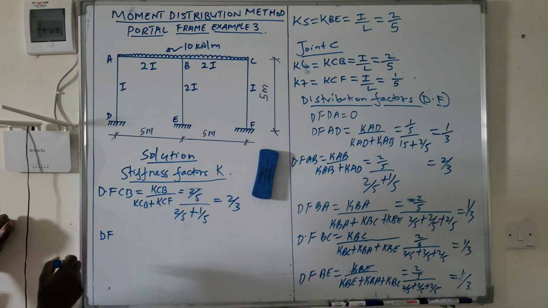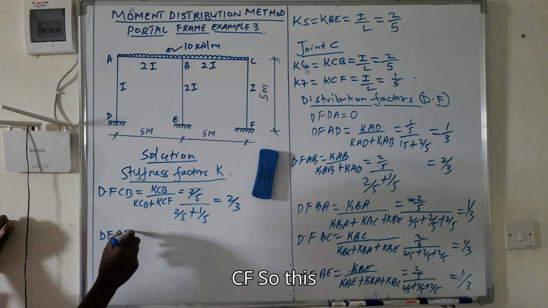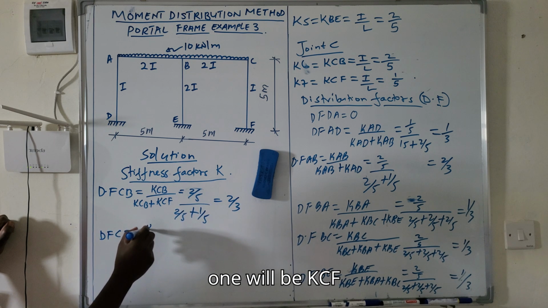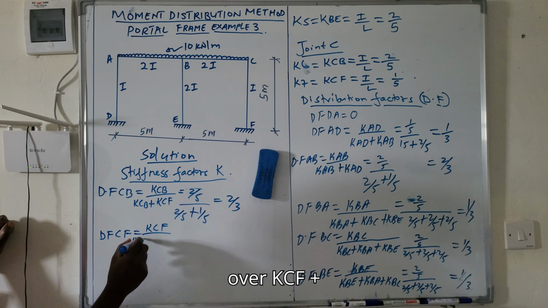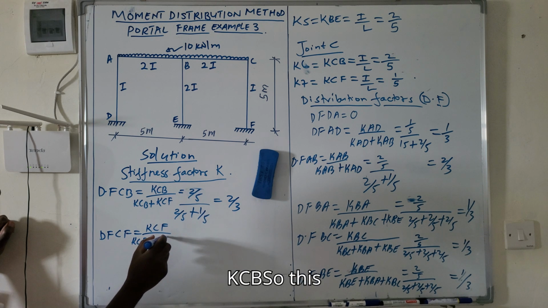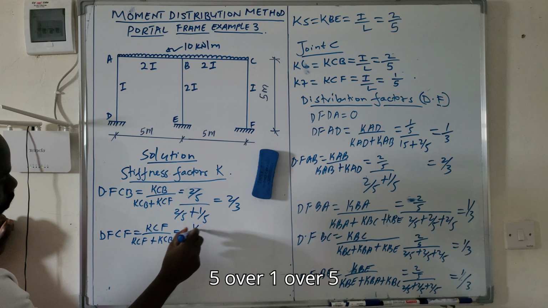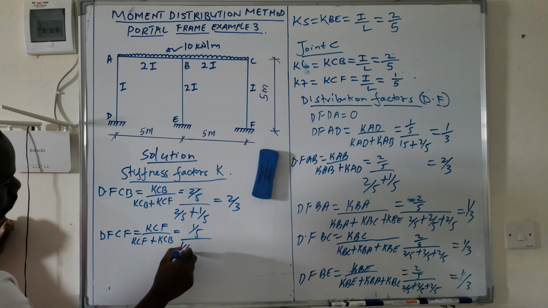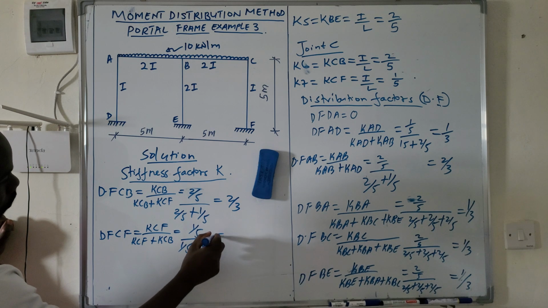We proceed to DF CF. This one will be KCF over KCF plus KCB. So KCF is 1 over 5, over 1 over 5 plus 2 over 5.